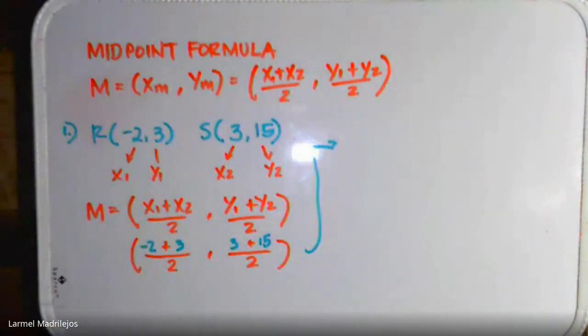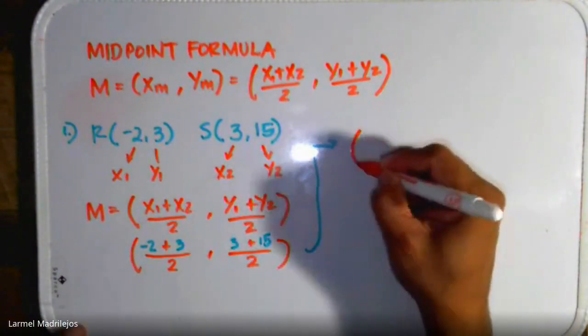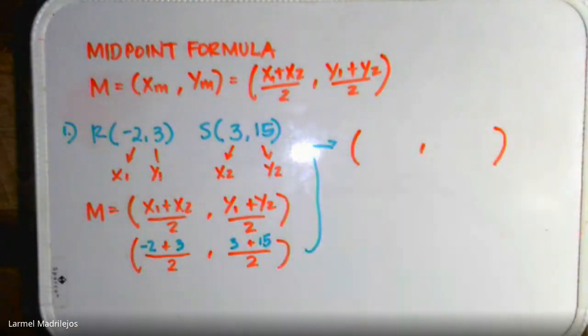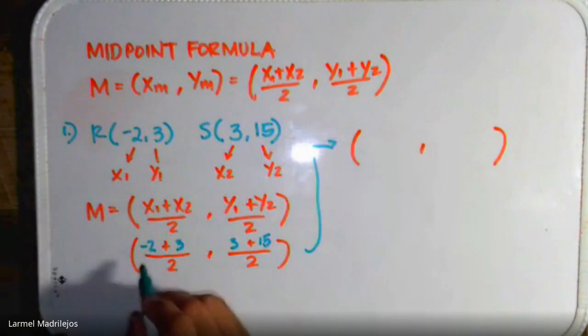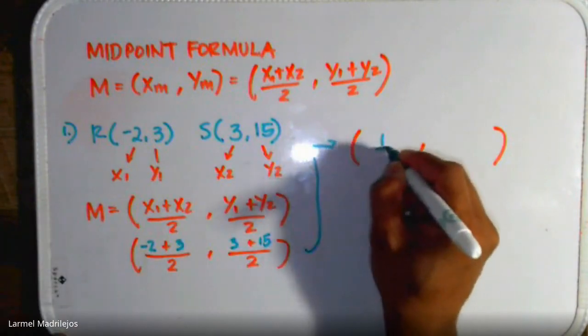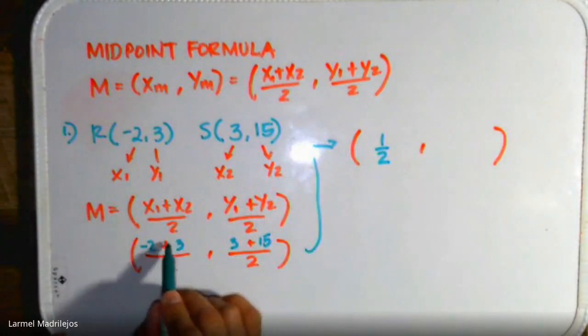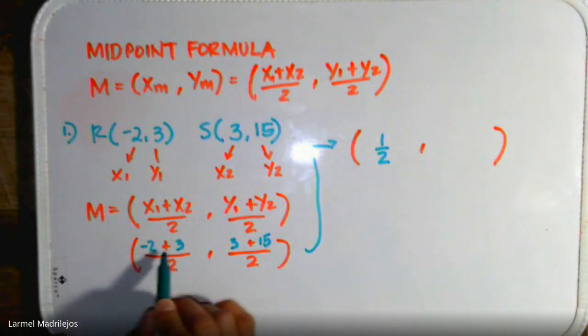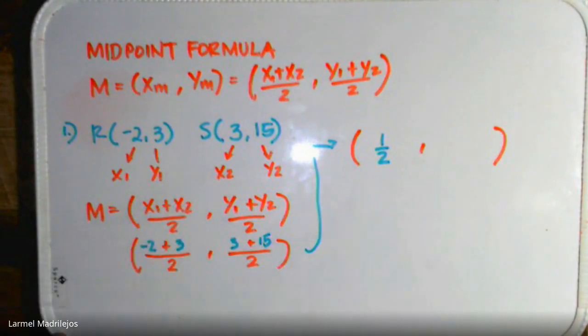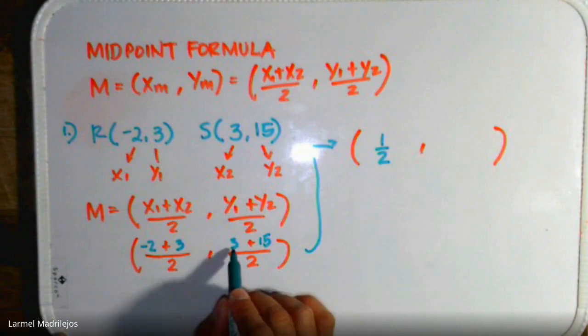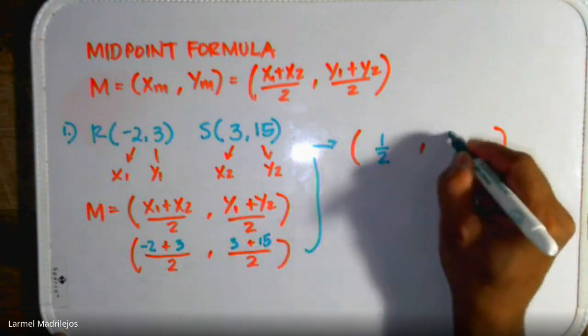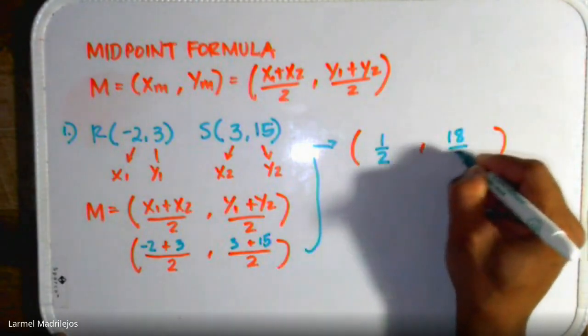The value of the first, so negative 2 plus 3, negative 2 plus 3 is 1 over 2. So 3 is larger than 2, and this is positive, so it's positive 1 over 2. Then 3 plus 15 here, it's 18 divided by 2.